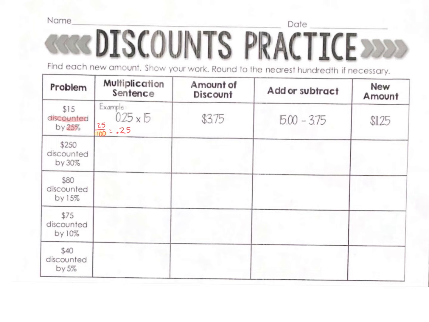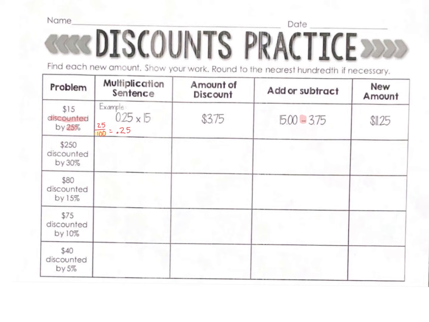If something is discounted or on sale, that means it's getting cheaper. The price is getting smaller. It is less, which means you subtract. So we found the amount of the discount, $3.75. Next, we take our total and subtract the discount, and that is our new total amount.